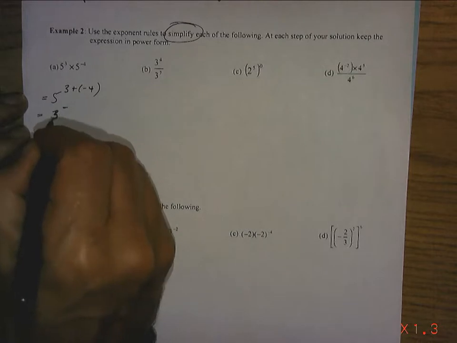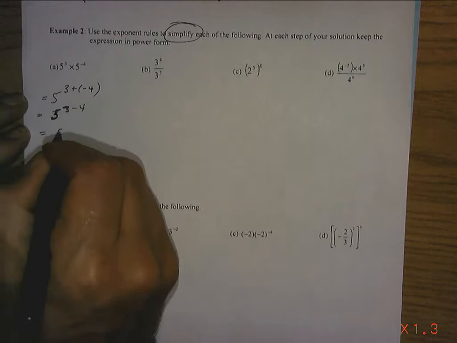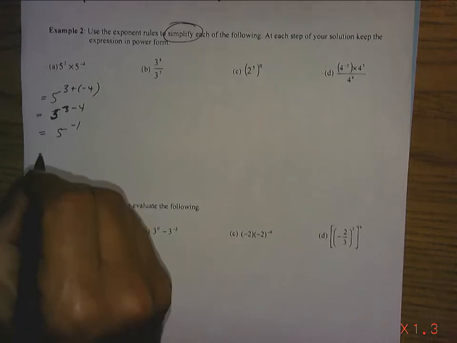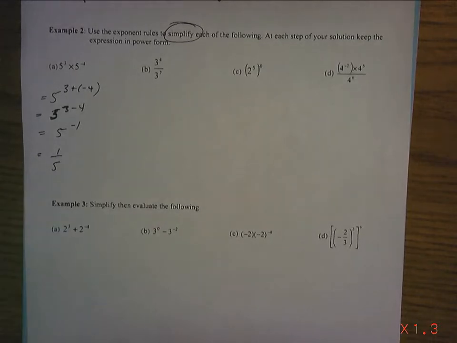Oops, sorry, that's a 5 on the bottom. So 3 minus 4, 5 to the negative 1. Now, we usually don't have our answers with negative exponents. They often give us negative exponents, but our answers we like to have only positive exponents. So we would change that to an answer of 1 over 5.